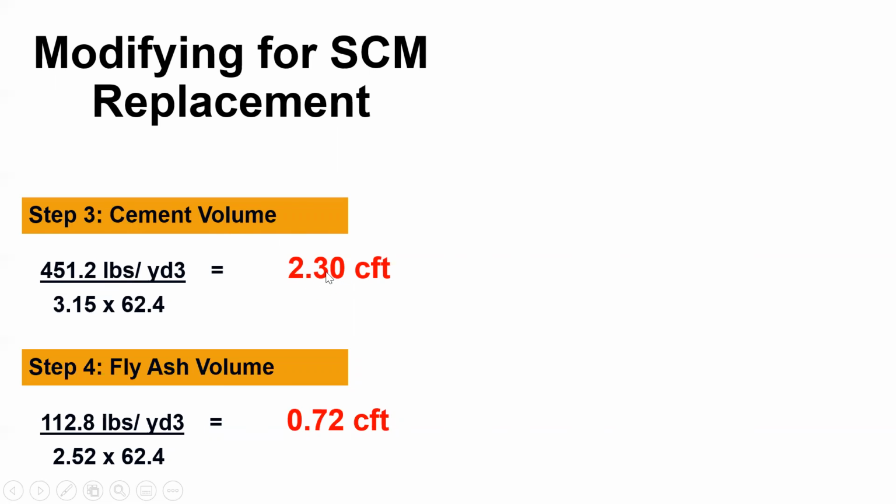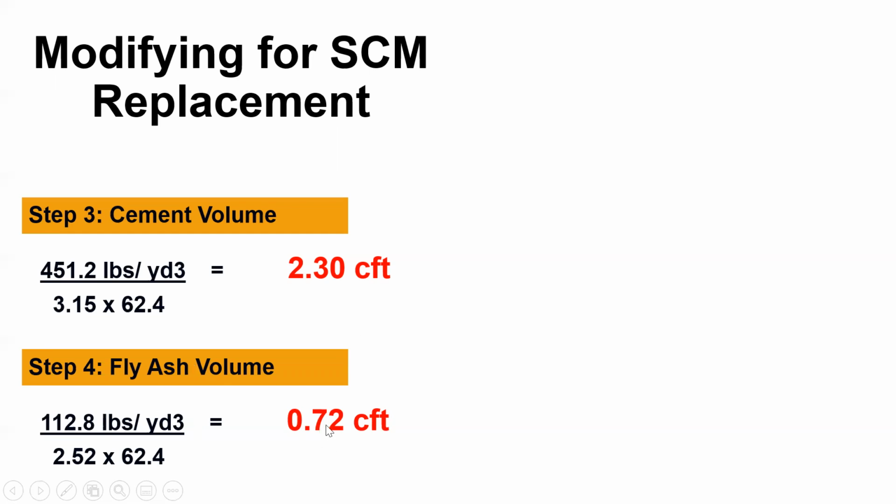So that gives 2.3 cubic feet. And then for fly ash, let's figure out the volume. 112.8 pounds per cubic yard divided by our specific gravity times that 62.4, which is again our conversion factor from weight to volume.